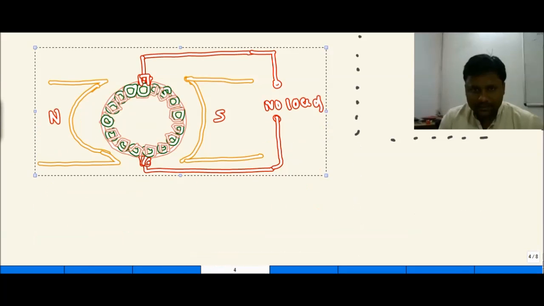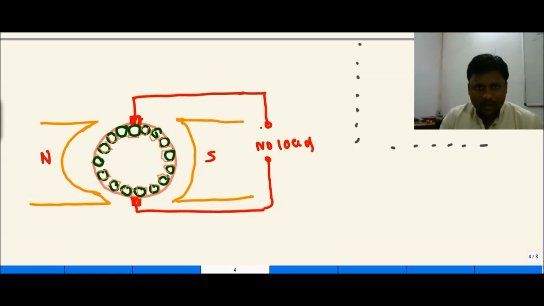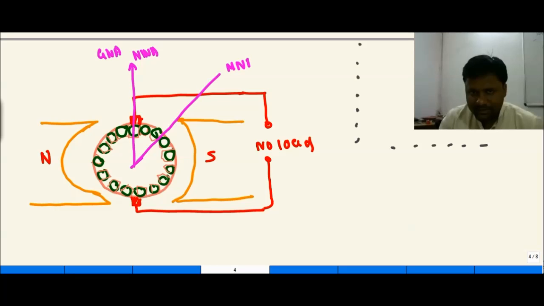We have to shift this. This is our new MNA axis. This is the MNA axis when there is no armature flux. Here the GNA axis remains constant. This is our new MNA axis.